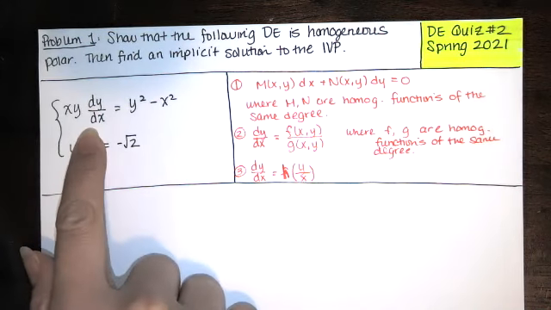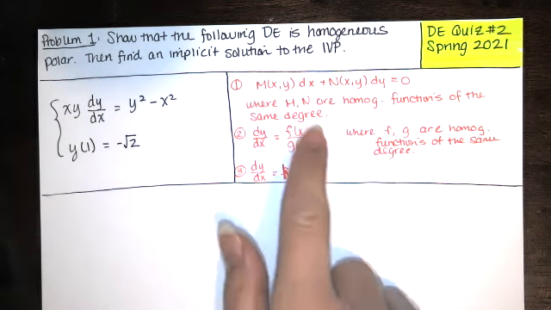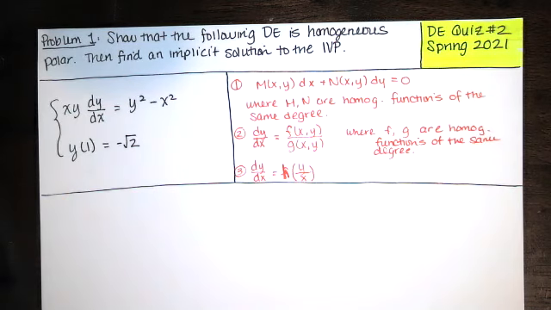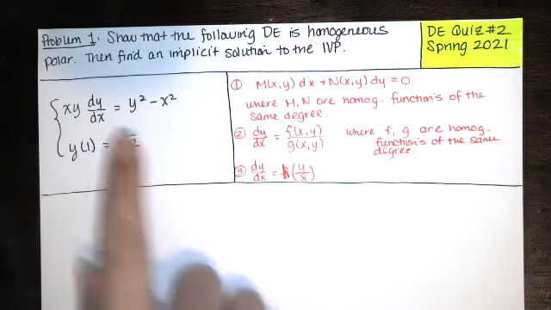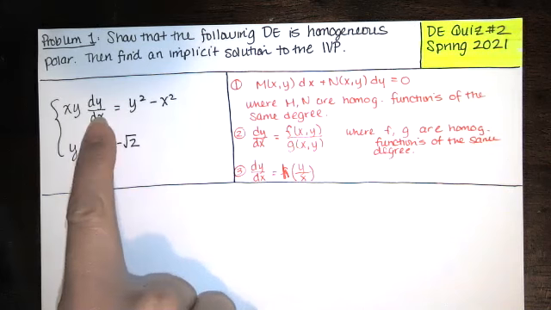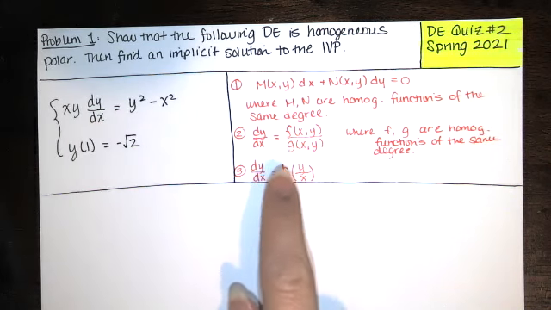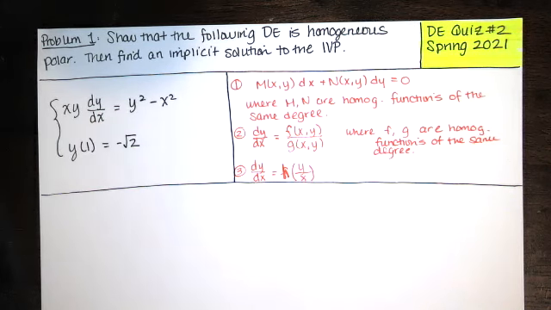Or you can just divide both sides of this equation by x times y, and you'll get that. Any one of those would be fine for demonstrating that this is homogeneous polar. Okay, so first let's write the differential equation in this form, and then we'll verify that the function in the numerator and the function in the denominator are homogeneous functions of the same degree.